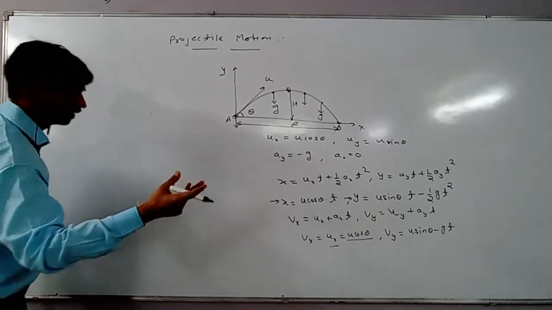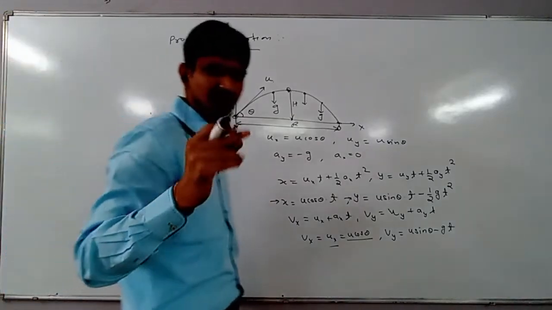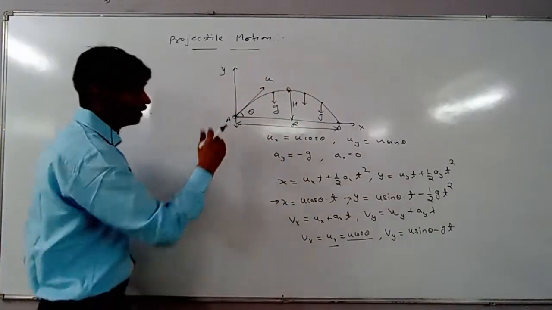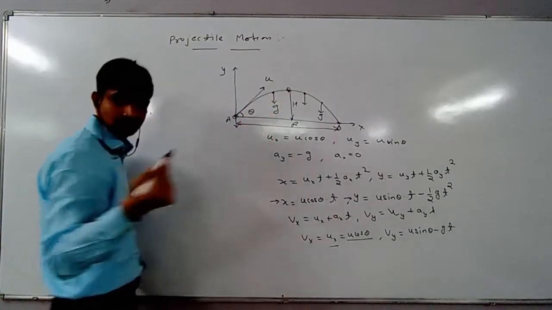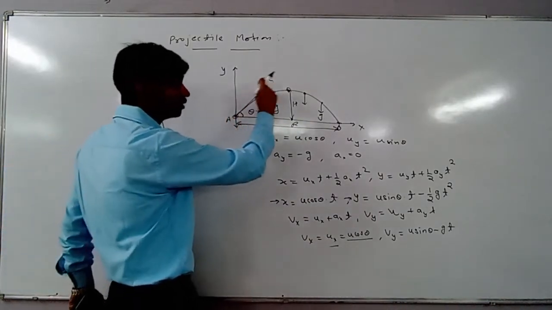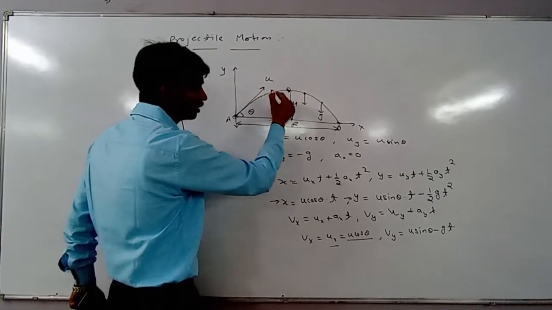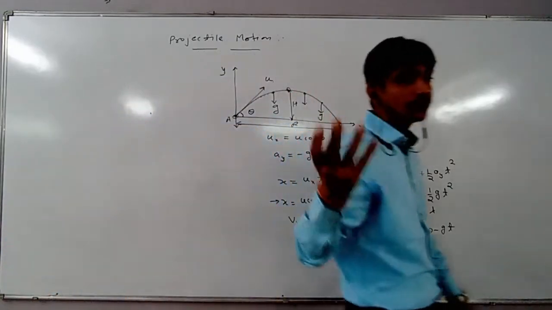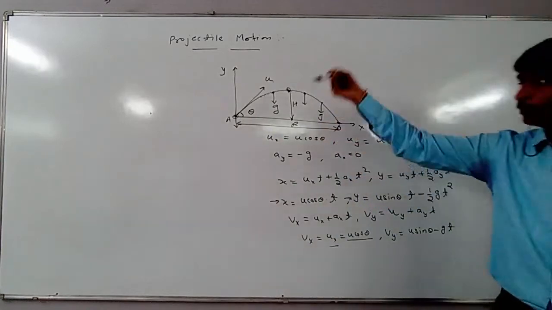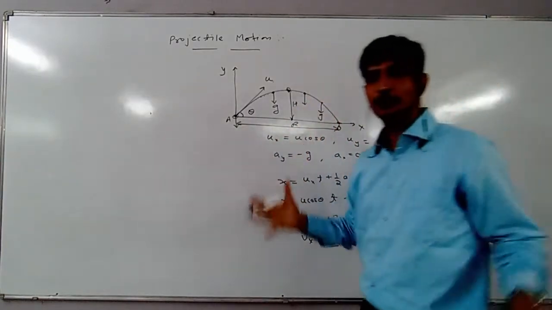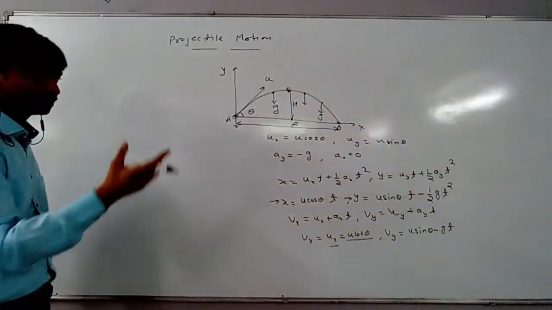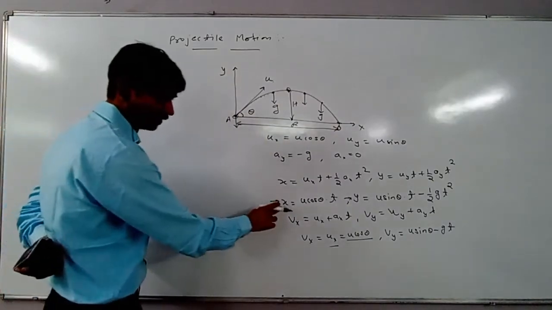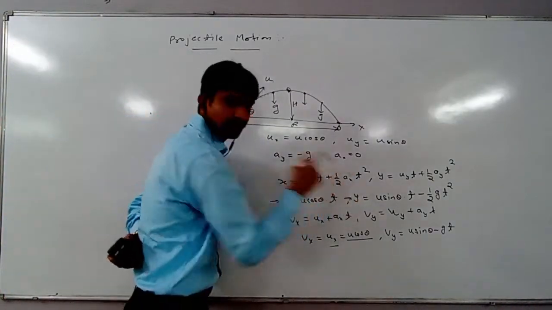So what we need to find is the trajectory. Trajectory is the path the object goes through. If you connect all the points through which the object has passed, that is known as the trajectory of the motion. So how will you find it? I'll try to eliminate t.